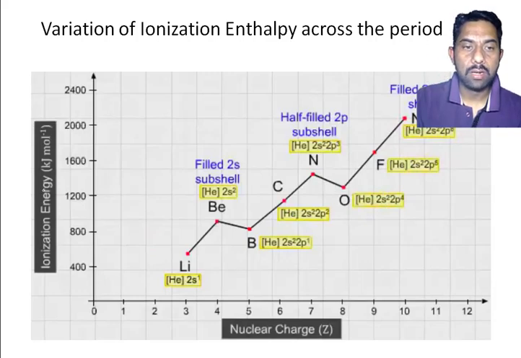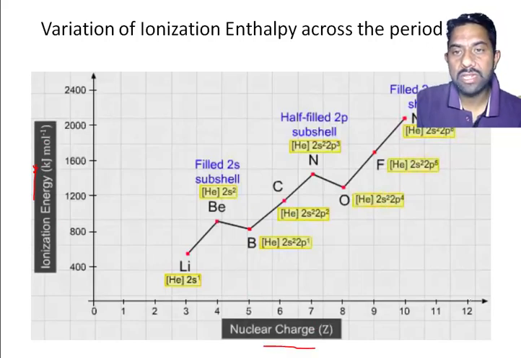Lithium, then vertically ionization energies are plotted and horizontally nuclear charge. So nuclear charge goes on increasing. But what happens to ionization enthalpy? Ionization enthalpy value also goes on increasing, right? So lithium has the least ionization enthalpy, whereas neon will have the maximum ionization enthalpy. Okay.